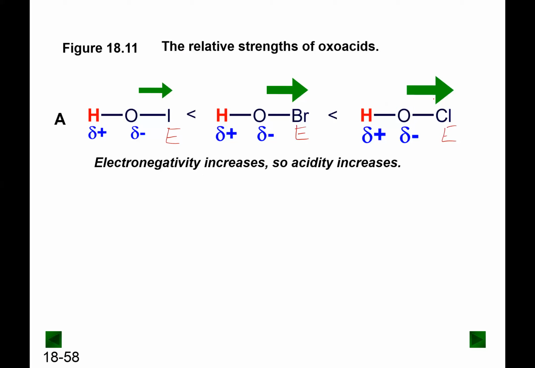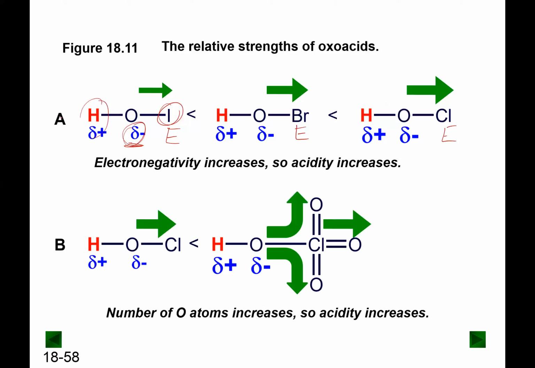The greater electronegativity of this atom pulls more electrons away, thereby making the oxygen less partially negative. This oxygen is in essence what's holding on to the hydrogen, but if you pull electrons away from it, you reduce the magnitude of this partial negativity, and that makes the hydrogen easier to come off.